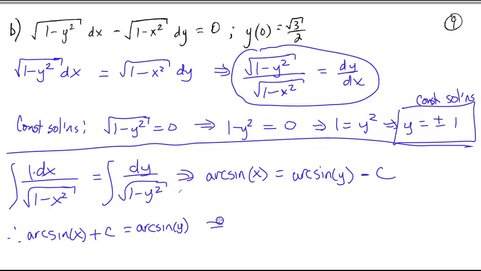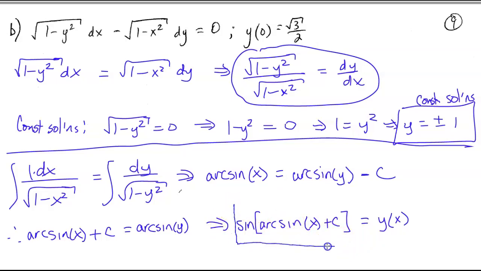And then from there, of course, if I do the sine of both sides, then this would be sine of arcsine of x plus c, and that would just equal y, which is basically y of x. And so this is what our general solution to our ODE would be in this case. And so this is the general non-constant solution.